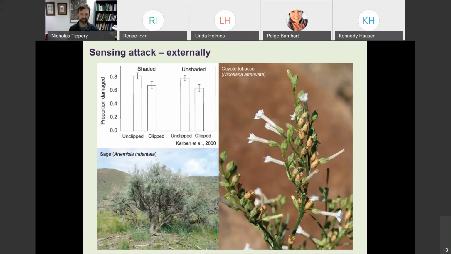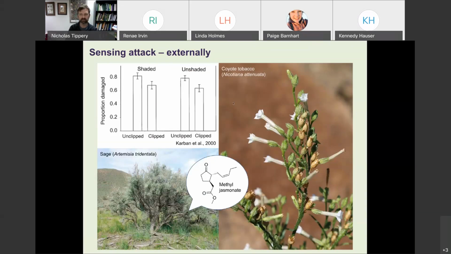Some of the more interesting, we talked about, let's see, what was the context we talked about this? And I think we talked about it in volatile scent compounds as signaling for a plant to defend itself or be defended by sometimes animals that eat the herbivores that are on there. This was a study that talked about two species that grow in a similar area. So sage here and the coyote tobacco.